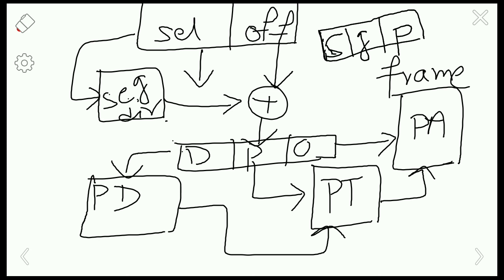Since the page table size is greater than the physical memory frame, we are going to page the page table itself. That means after dividing the page table into multiple parts, we again page it into the page directory.